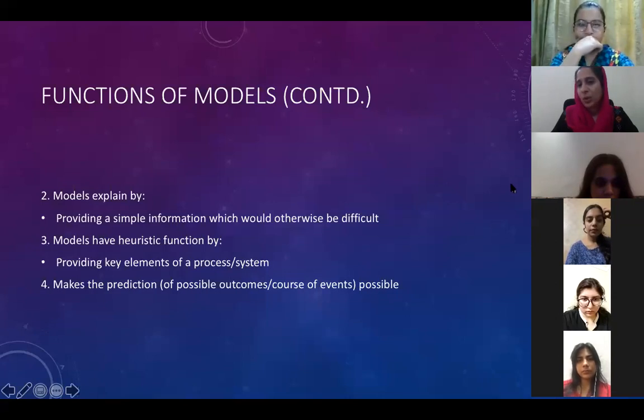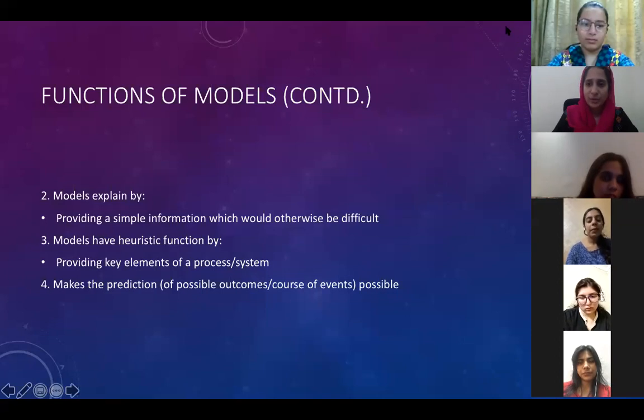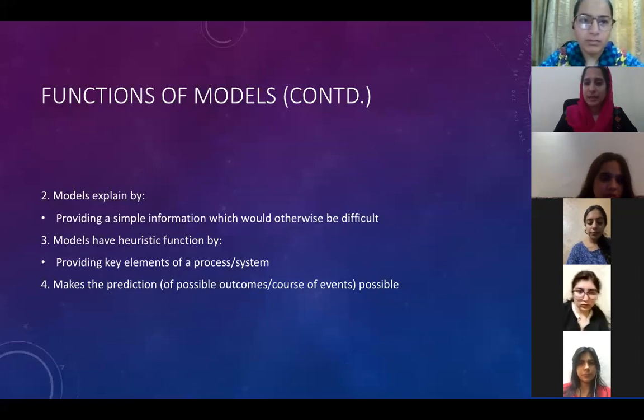I have asked you all a question. I talked about two different situations. In situation A, information comes in the form of a paragraph in descriptive form. In situation B, information comes in the form of an equation, in the form of a diagram.